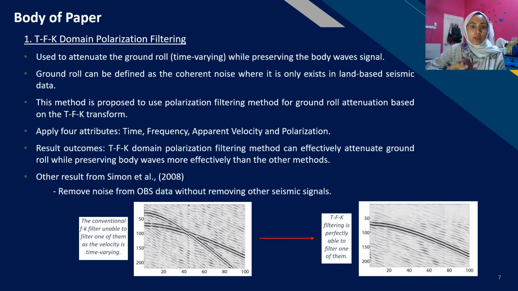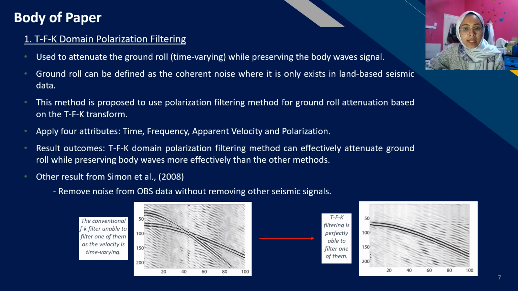The FK domain polarization filtering can be used to attenuate the ground roll that is time varying while preserving the body wave signal. Ground roll can be defined as the coherent noise that only exists in land-based seismic data. As I have mentioned before, the FK filtering can be used to attenuate various kinds of unwanted energy.